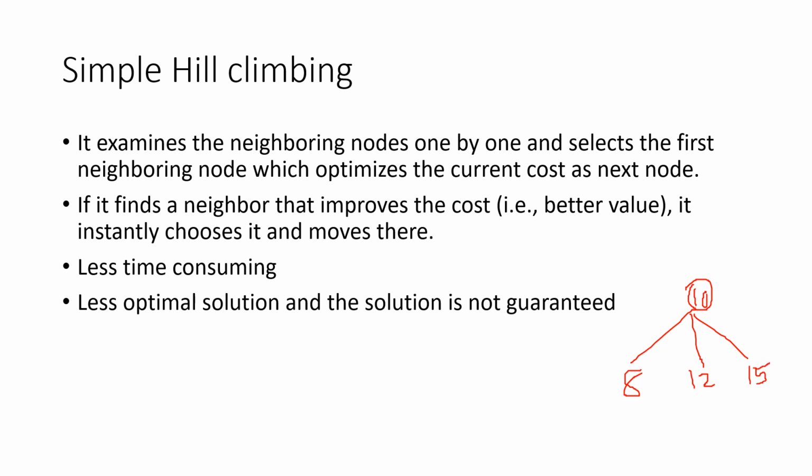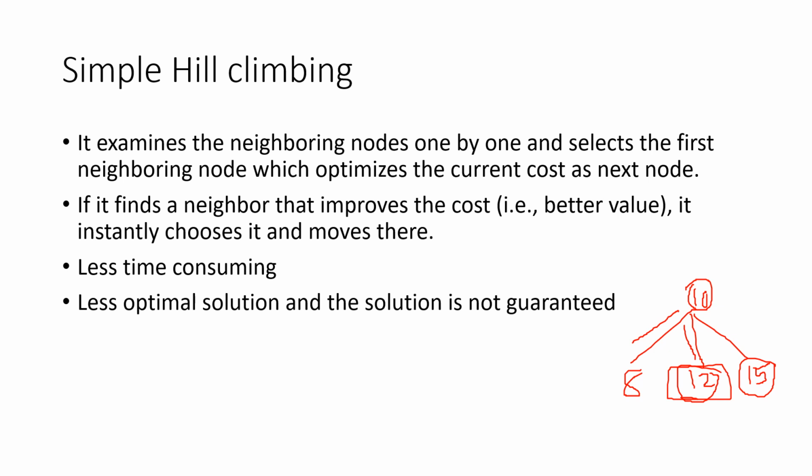If the order is like this, it will first check this node and then this one. There is an improvement, so it will choose it, but this is not the best solution. Here 15 is a larger improvement, but we select the first improvement itself. So it does not guarantee the optimal solution, but it is less time consuming.